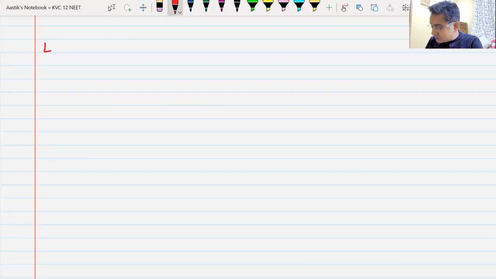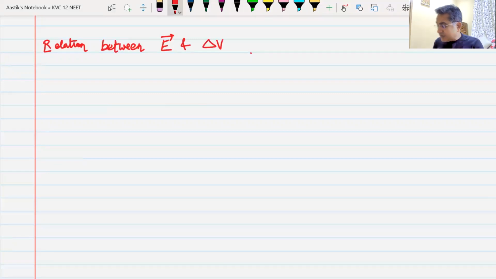So write the heading: relation between electric field E vector and delta V. Delta V means the potential difference. This relation is basically an integral relation, so we can't do anything, we have to write it in that way.